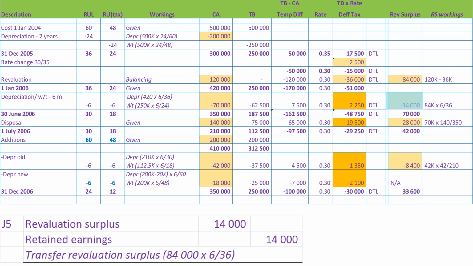To journalize the 14,000, you will simply debit revaluation surplus 14,000 and you will credit retained earnings. So bear in mind that your reval surplus of 84,000 is an equity balance. It's a credit balance. So your credit is getting smaller from 84,000 to 70,000. So thus you would debit your reval surplus.